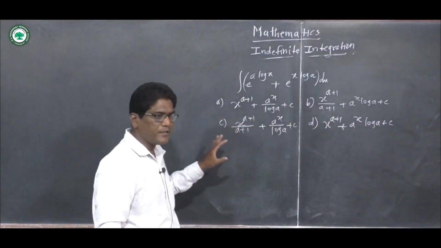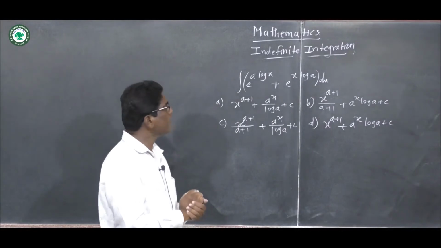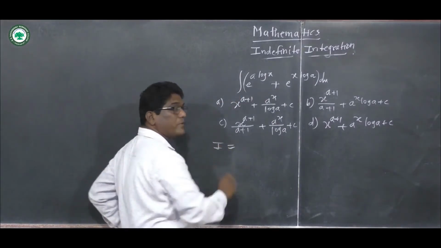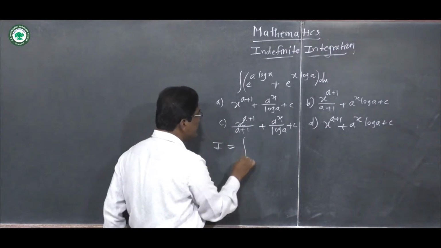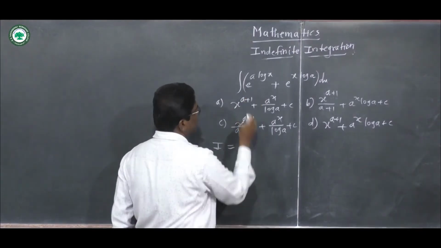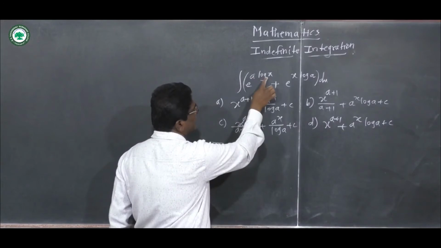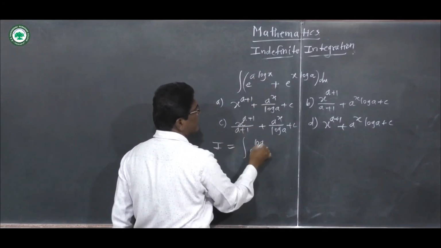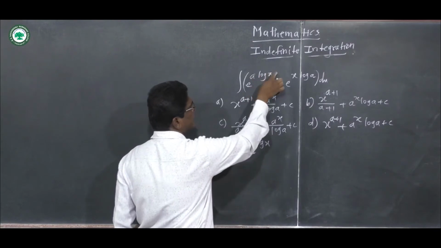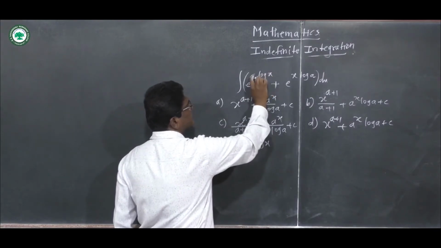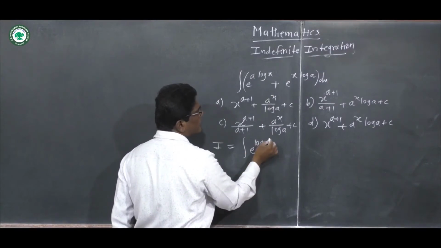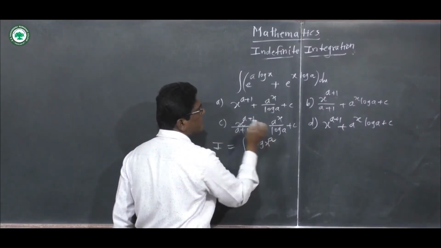Now we have to find which is the correct answer. See here, we write the given problem as I equals the integration of e to the power a log x. We carry this a as a power of x using the rules of logarithm, so e to the power log x to the power a.